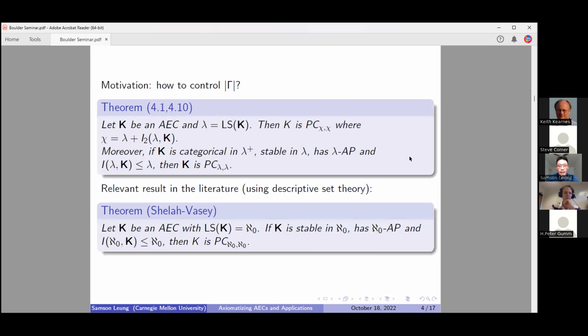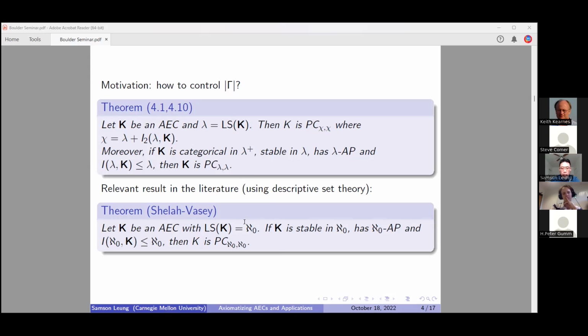And you may ask, okay, are there any other results other than Scherler's original one? Here's the following. Many years later, Scheller and Vasey proved the following result. Assuming K is an AEC with Löwenheim-Skolem number which is countable. So here is a huge restriction, that the result only applies to countable LSK.